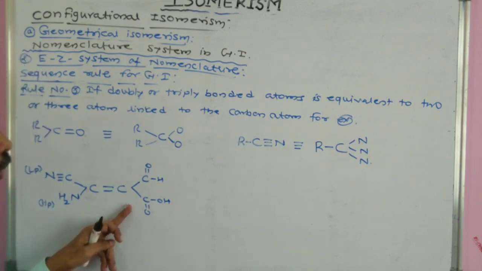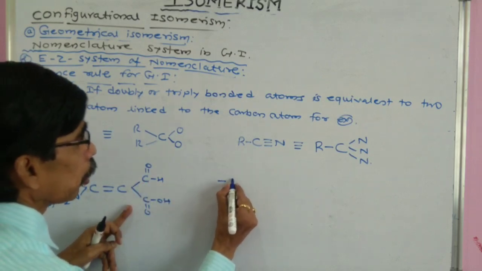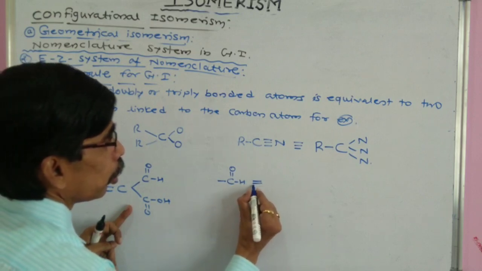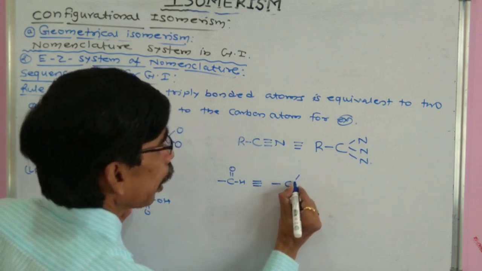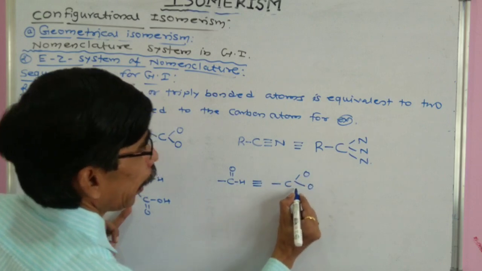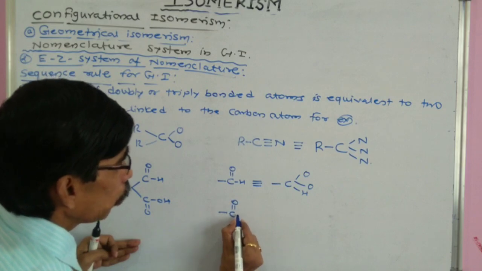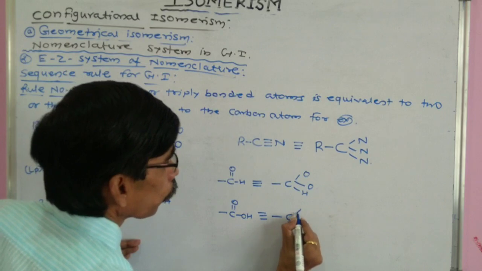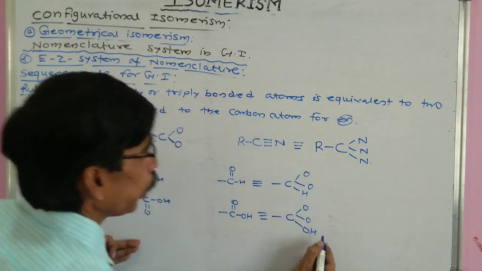Now in this example, the first atoms are carbon, but the second atoms differ. Now this CHO group is equivalent to C, the double bonded oxygen 2 times and then H. Similarly, in case of COOH, we can write C, the double bonded atom 2 times and then OH.